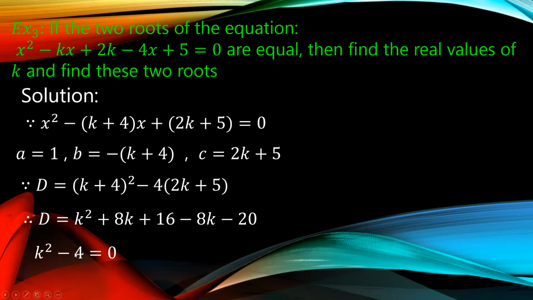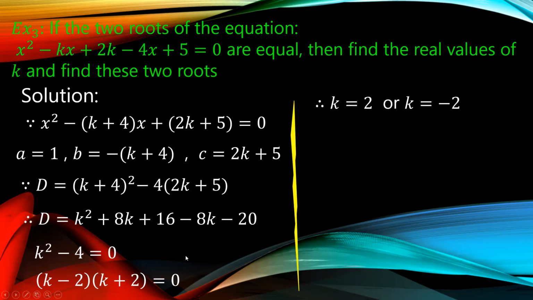It will be k power 2 minus 4 equals 0. I will factorize, then k minus 2 times k plus 2 equals 0, the difference between two squares. Then k equals 2 or negative 2, sorry. At k equals 2, I will substitute in the equation.